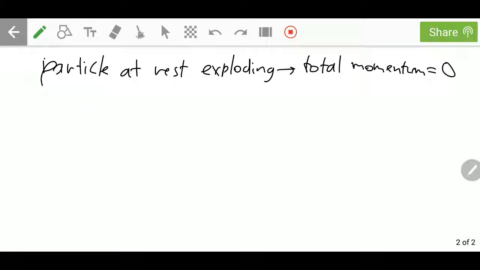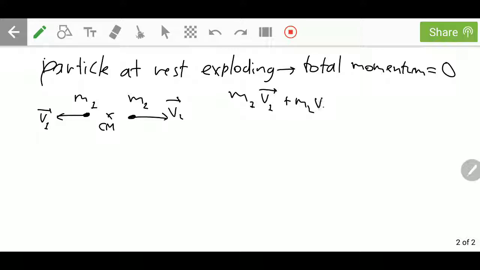Suppose that we have two particles, let's say m1, m2, then the center of mass would just be the site of the explosion, and then they'll move with some speeds v1 and v2, and we know that they're vectors, and we know that m1 v1 vector plus m2 v2 vector is the 0 vector.